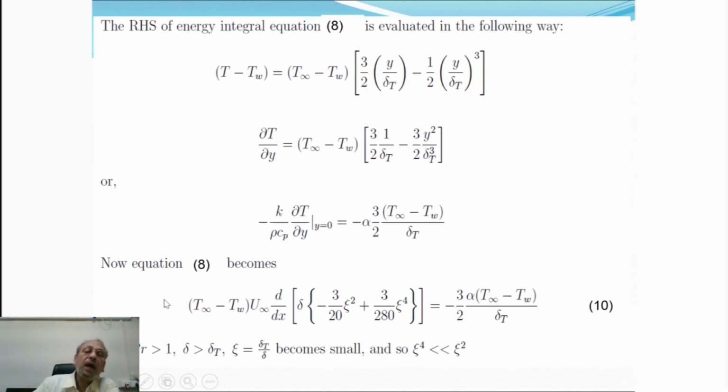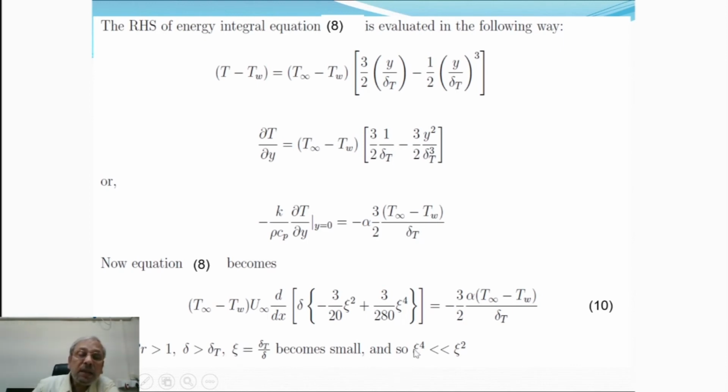Now if we consider Prandtl number greater than 1, that means delta is greater than delta t, and zeta was basically delta t by delta. So Prandtl number greater than 1 means delta t is less than delta, and so zeta is less than 1.